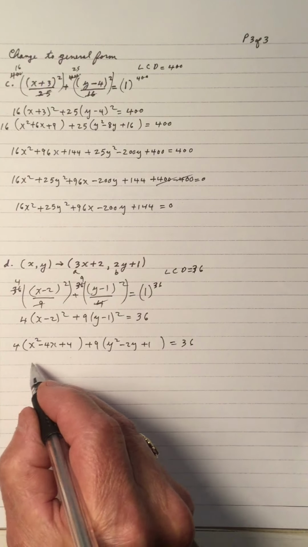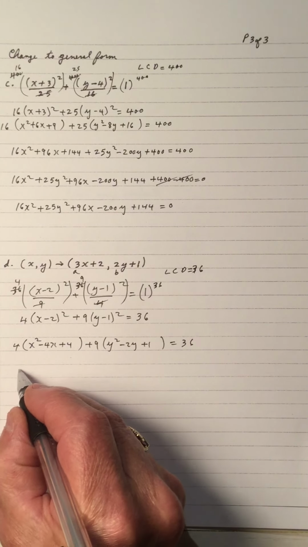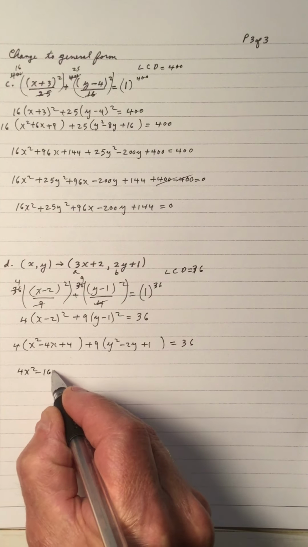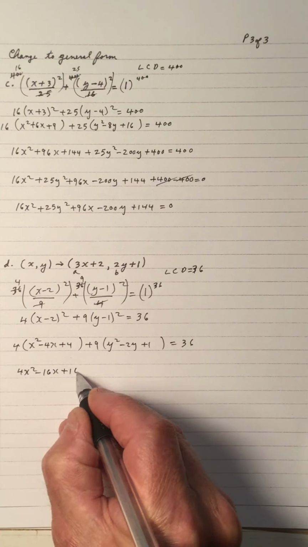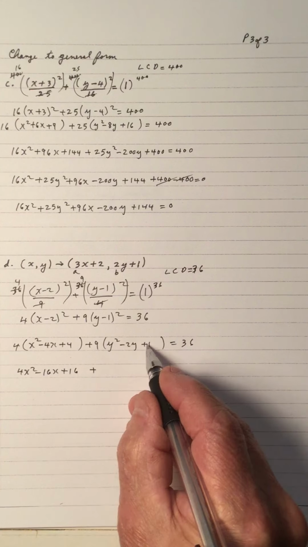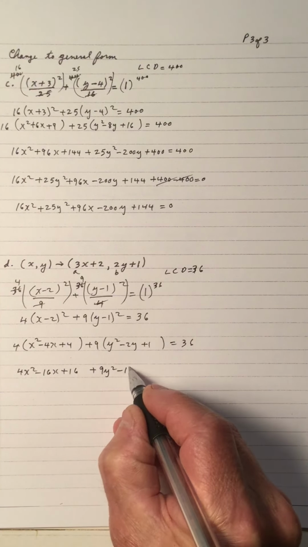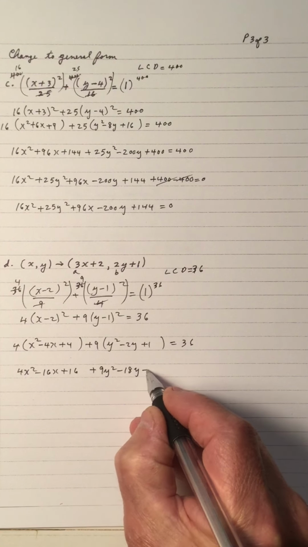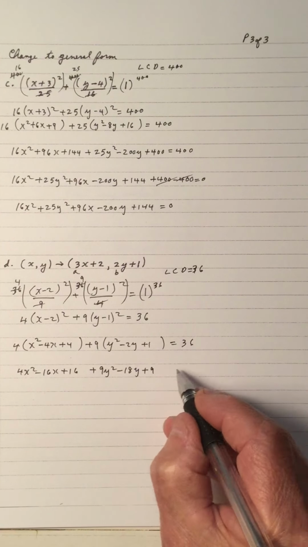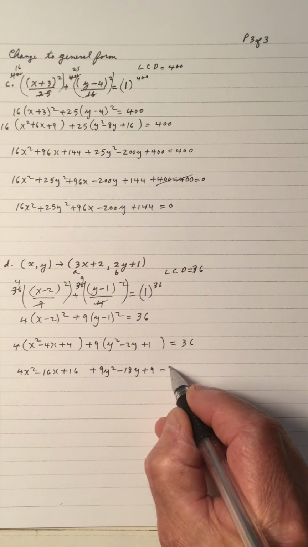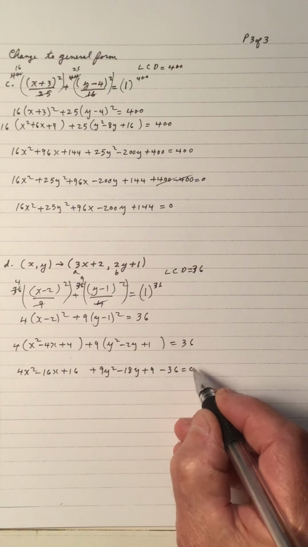Now the monomial times the trinomial gives us 4x squared minus 16x plus 16. 9 times the trinomial is 9y squared minus 18y plus 9. And we can bring the 36 over now, make it a minus.